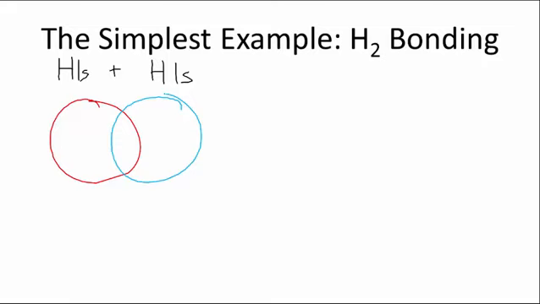So here, if they have the same phase, both of these are unshaded. This is going to be constructive interference. When I combine them in this way, I'm going to make a new orbital.